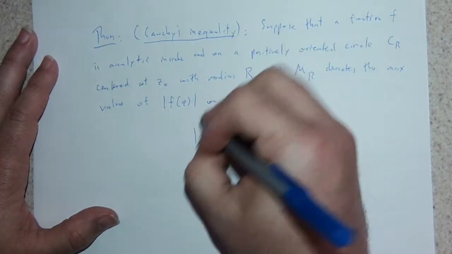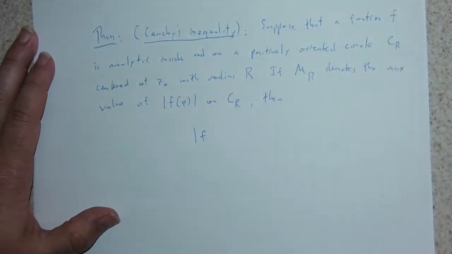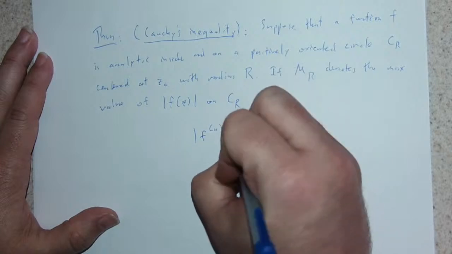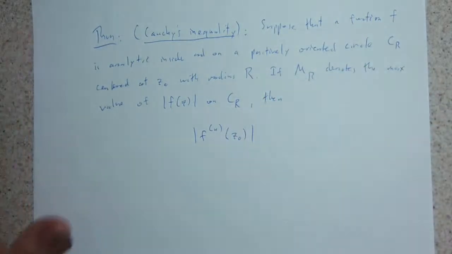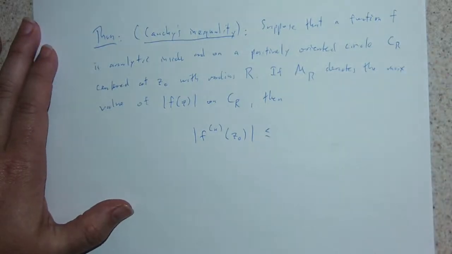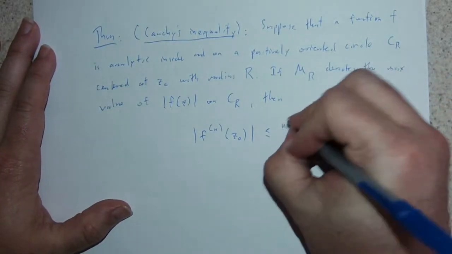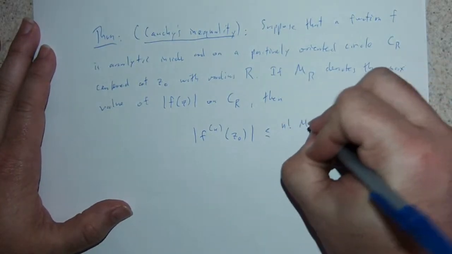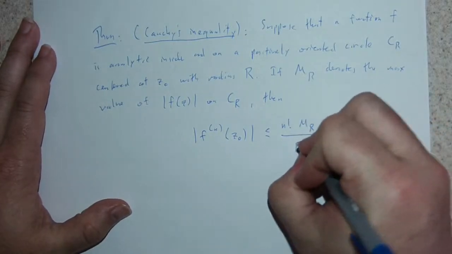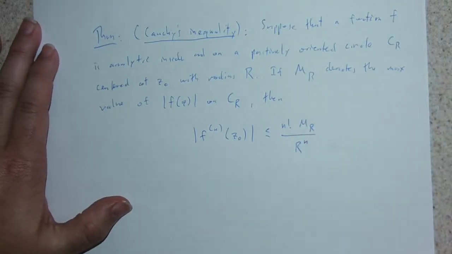the modulus of the nth derivative of f at z naught is less than or equal to n factorial times big M sub r over r to the n.